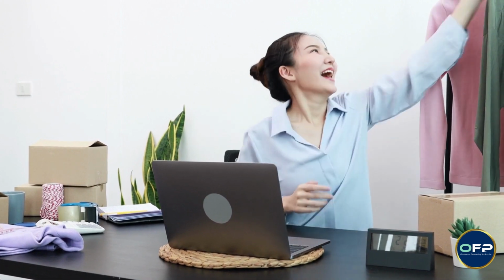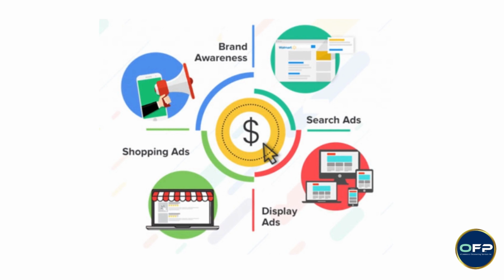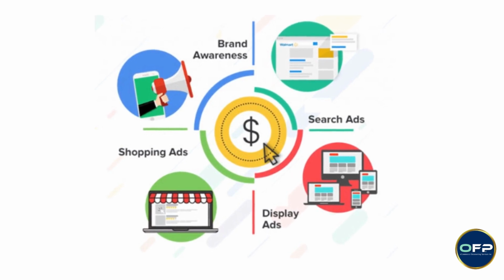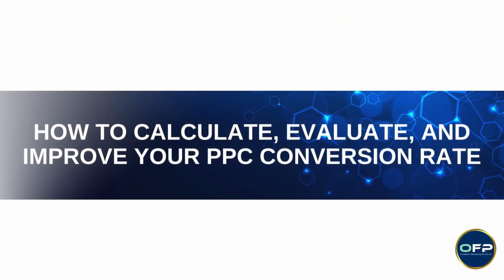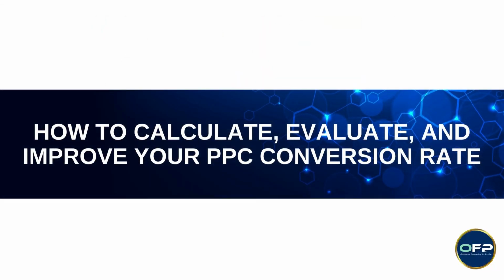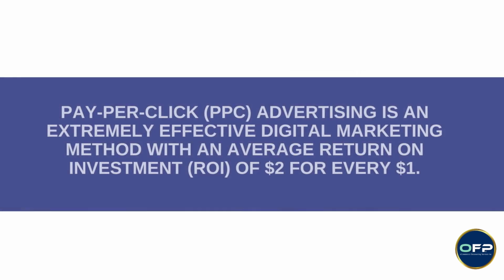One of the responsibilities of retailers on Amazon is comparing the performance of different Amazon ad campaigns. If you are attempting to increase your brand or business awareness, you will want to pay close attention to impressions. This will allow you to assess the awareness your ad campaigns have, to calculate, evaluate, and improve your PPC conversion rate.